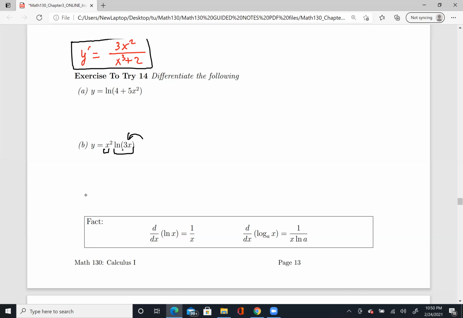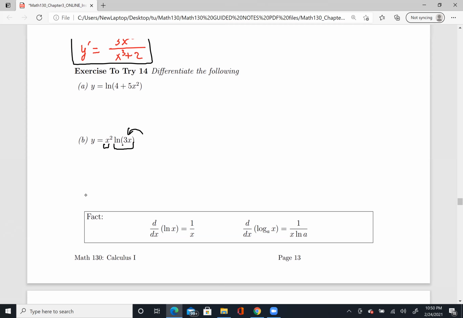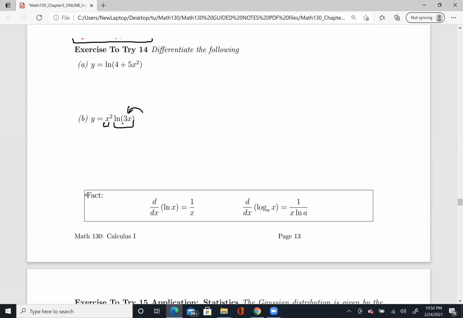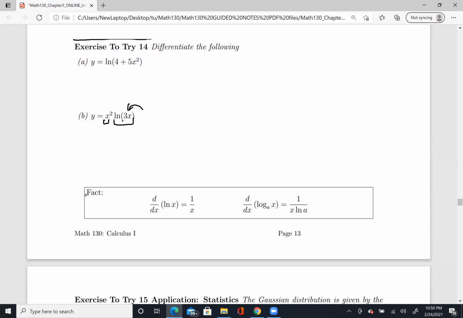So the fact is that for the derivative of ln x, you're gonna get 1 over x, but the derivative of logarithm base a of x will give you 1 over x times ln of a.